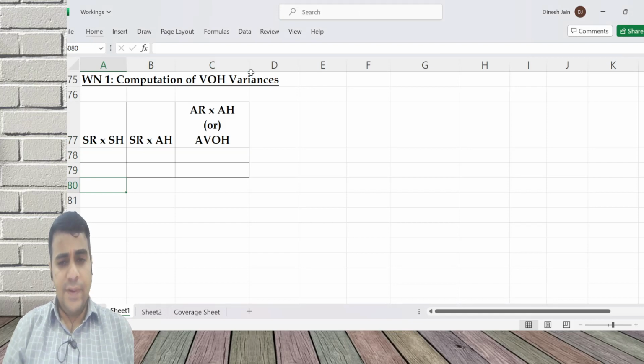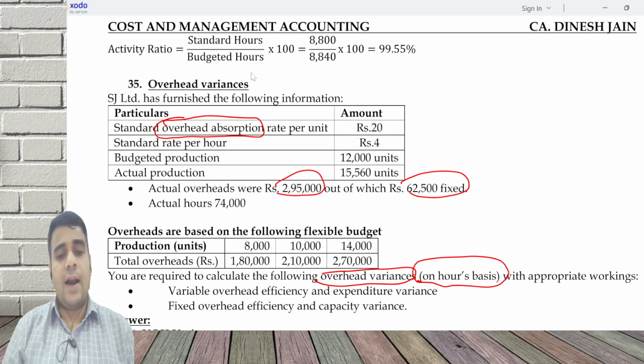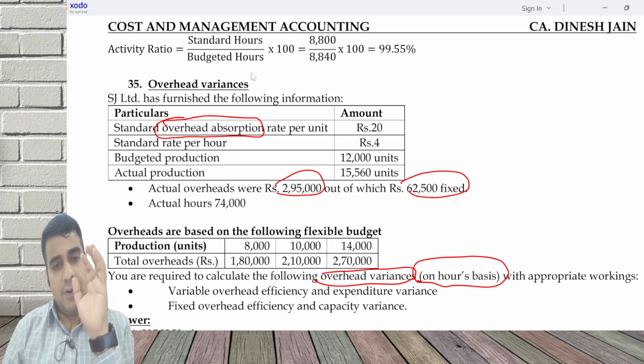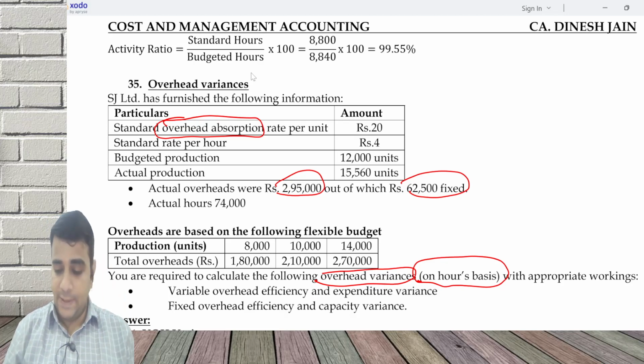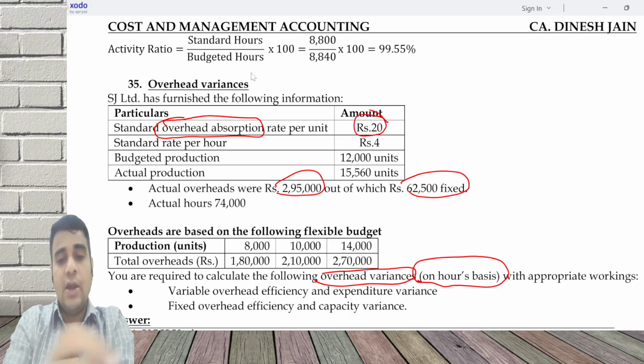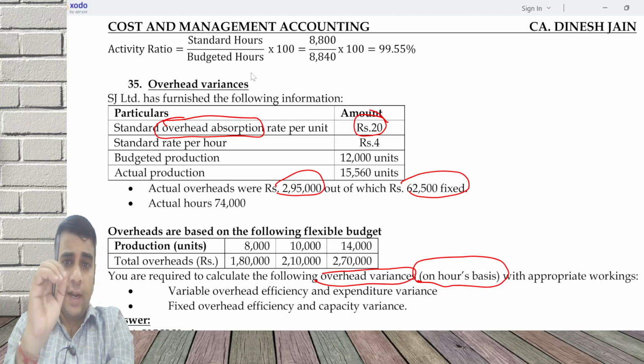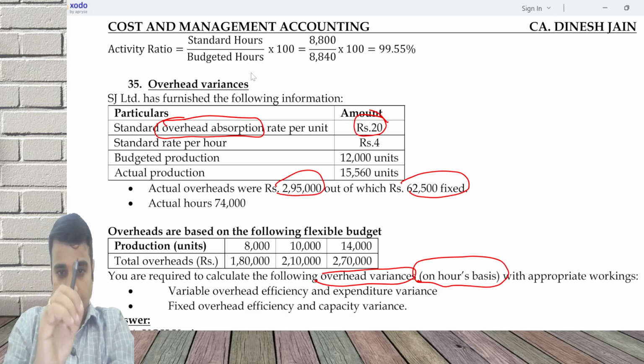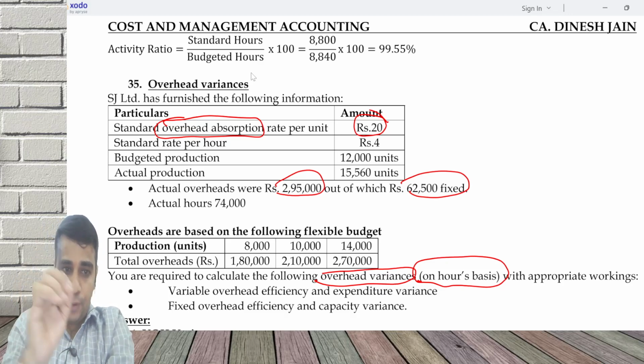As we do any problem, the starting part is always getting the standard rate per hour and per unit. Per unit is not needed in this question because our calculation has to be on a per hour basis and not a per unit basis. The problem for me is they have given this 20 rupees. This is the standard overhead absorption rate, which would mean fixed and variable put together.